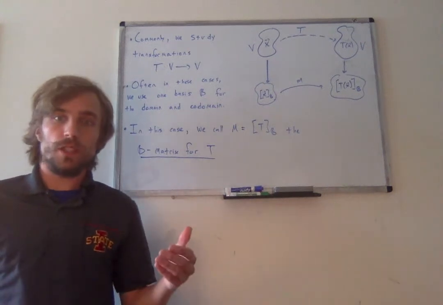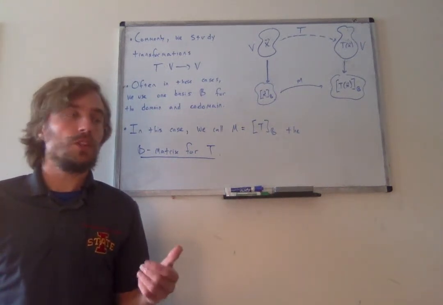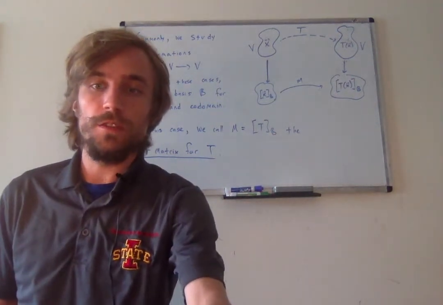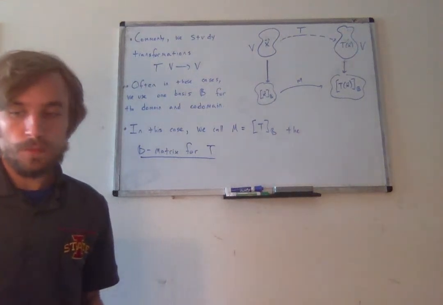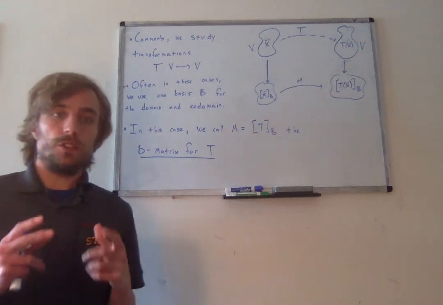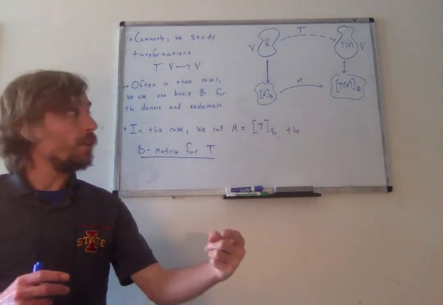So I want to start out today with an example of a common type of transformation that we will often look at, and then look at one example of that type. Oftentimes we are looking at linear transformations T which map a vector space to itself.